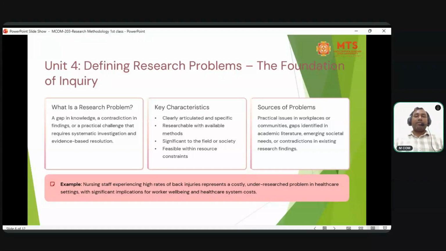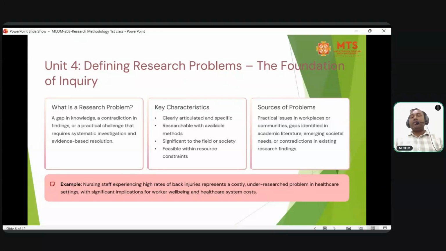Key characteristics of a research problem: clearly articulated and specific, researchable with available methods, significant to the field or society, and feasible within research constraints. Sources of problems: practical issues in workplaces or communities, gaps identified in academic literature, emerging societal needs, or contradictions in existing research findings.